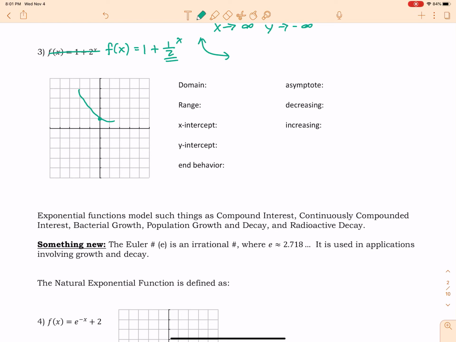So this time, that tells me what my graph is doing in general, but notice I've got this right here. That means that it actually shifts up 1. So I am going to move everything up 1. The shape of it won't change, but that means my asymptote also moves up 1.